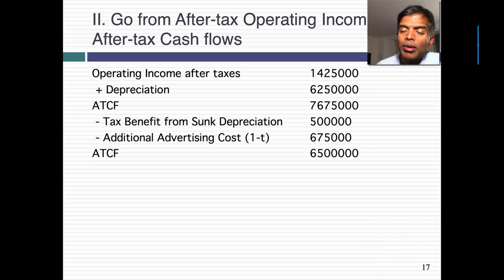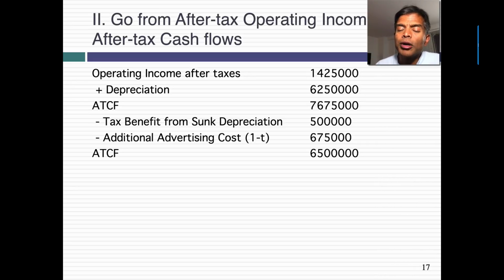And that additional amount here is 675,000. Here's how I come up with it. Remember, the incremental advertising is 2.5 million, and I counted only 1.375 million. I take the difference and multiply by 1 minus t. Why 1 minus t? Advertising is tax deductible. If I subtract out those two items from my after-tax cash flow, I get exactly the same cash flow I had before.